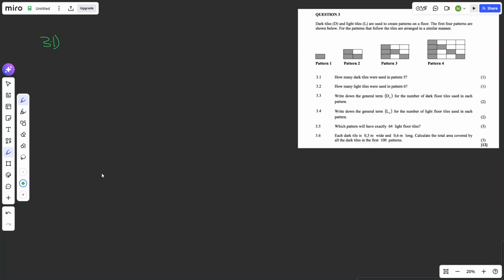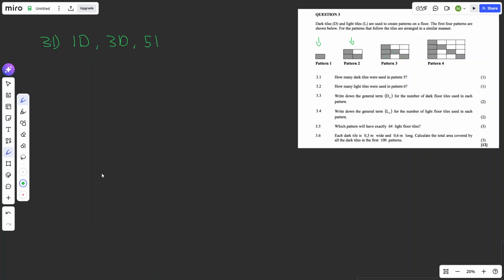In pattern 1, how many dark tiles? There's one. So we'll say 1D. In pattern 2, we've got 3 dark tiles. And then the next pattern, we have 1, 2, 3, 4, 5. So 5 tiles.